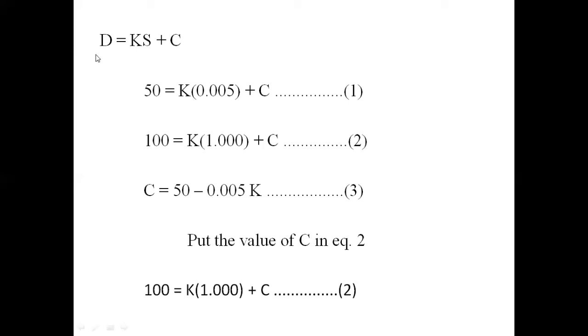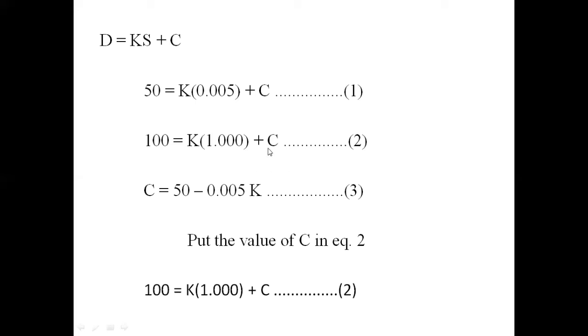For that, you put the values of D1 and D2 and also S1 and S2. The equation is 50 is equal to K times 0.5 plus C, that is equation number 1. Then the second, 100 is equal to K times 1.000 plus C, equation number 2.